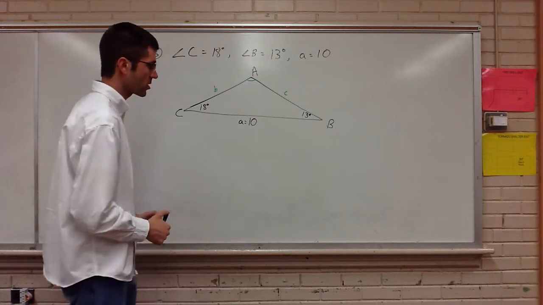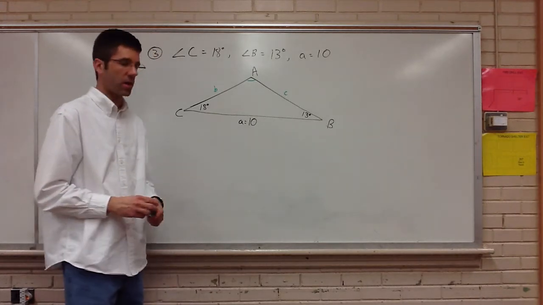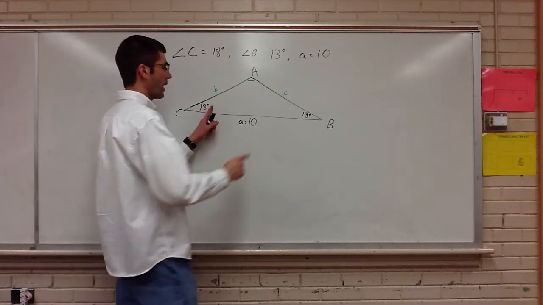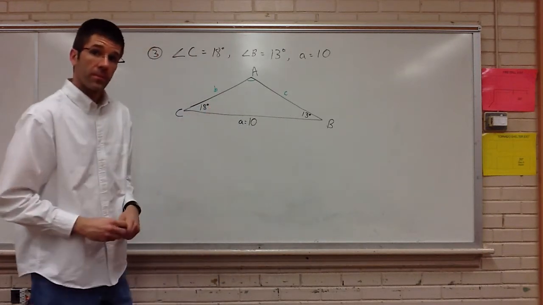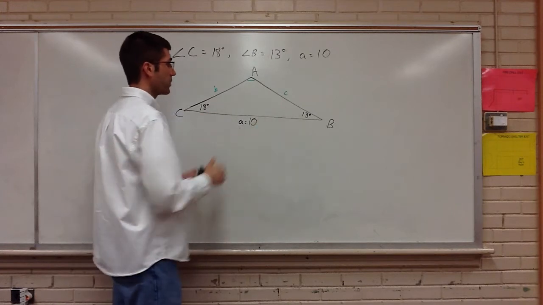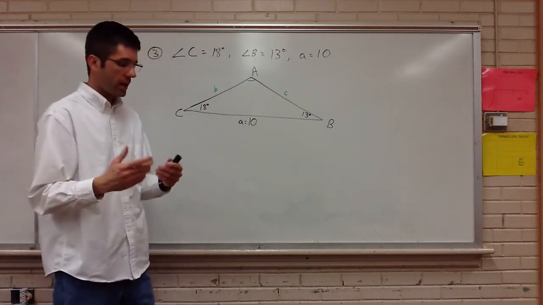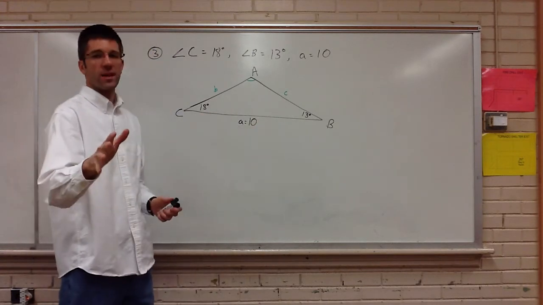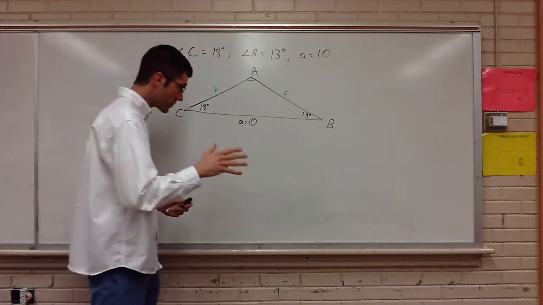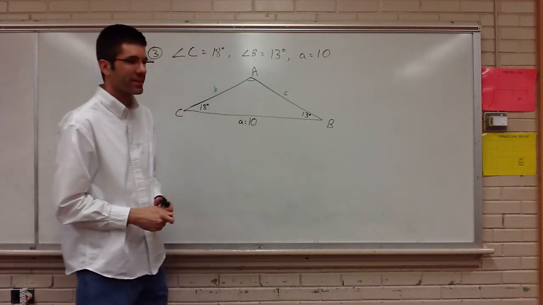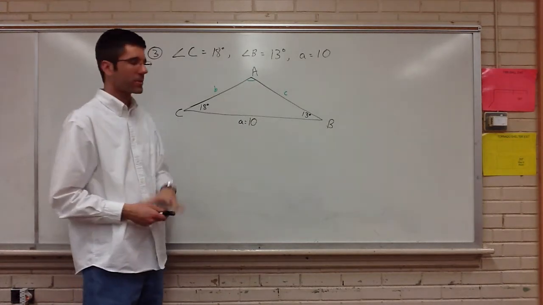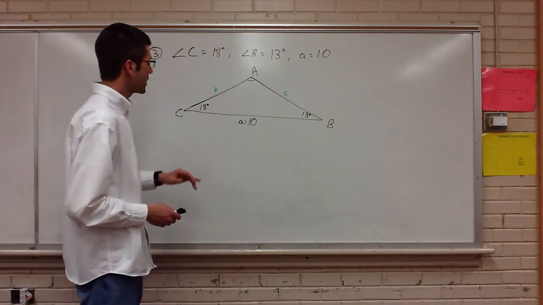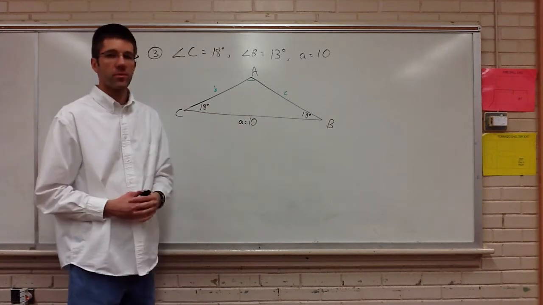Honestly, best place to start, if you know 2 of the angles, then you almost automatically know the third one. When I add these 2 angles together, I get 31. These 2 angles together add to be 31 degrees. In any flat triangle, there are exceptions when you get into higher mathematics, but in any flat triangle on a plane, a flat surface, the 3 angles together add up to be 180 degrees.